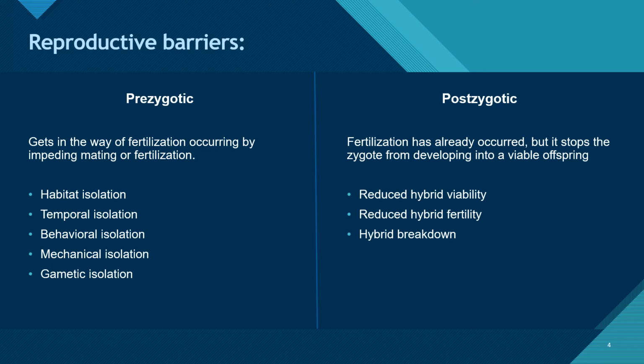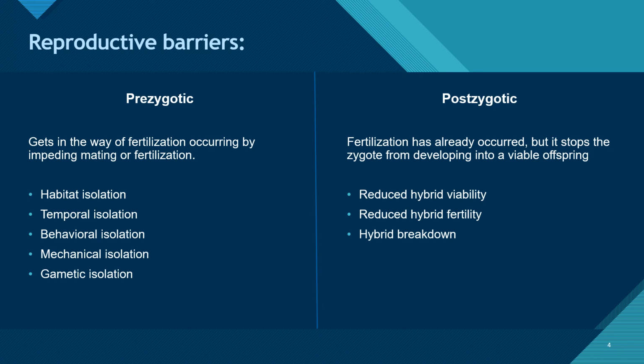Then we have postzygotic, which we already talked about, which has three. Reduced hybrid viability is when genes from different parent species interact and impair the hybrids' development. Reduced hybrid fertility is when, even if the hybrid is viable, it may be sterile, so the baby won't be able to develop further.